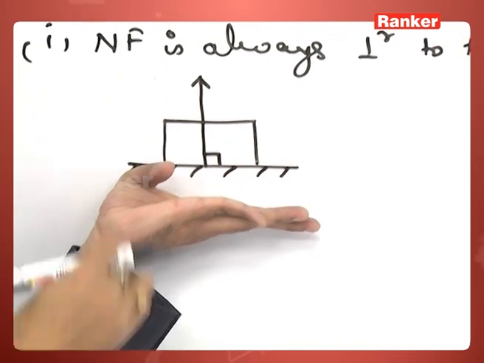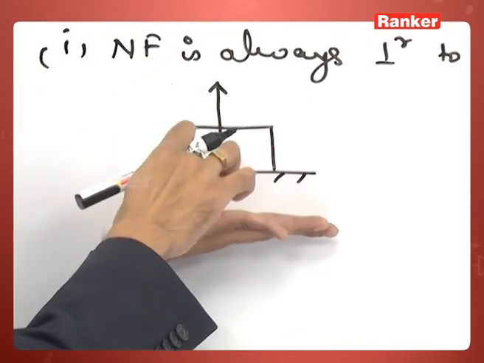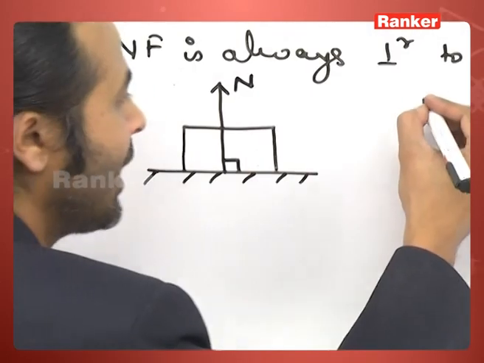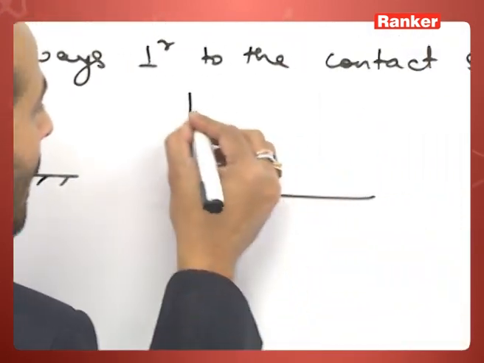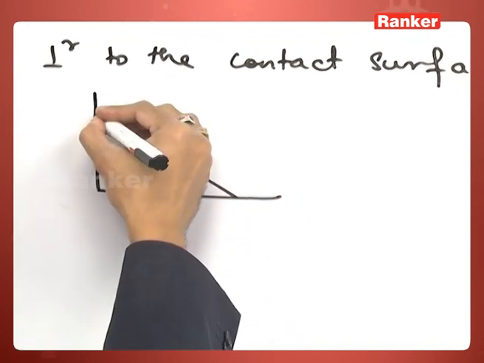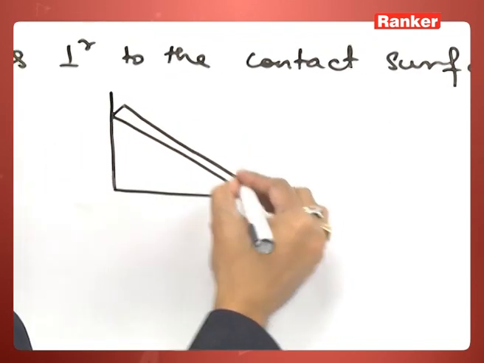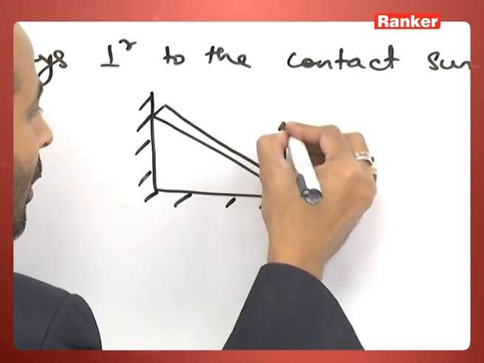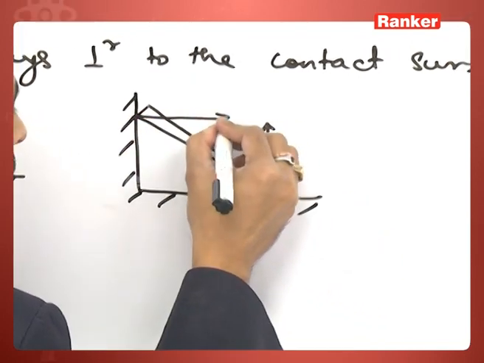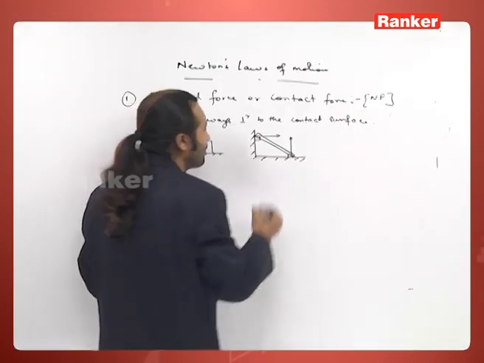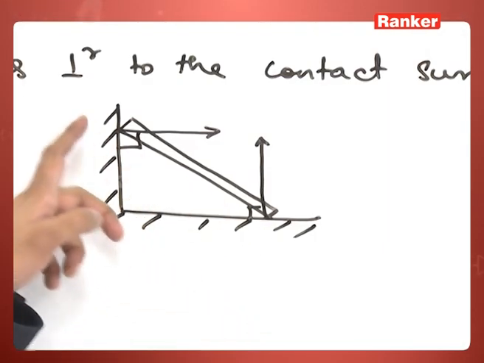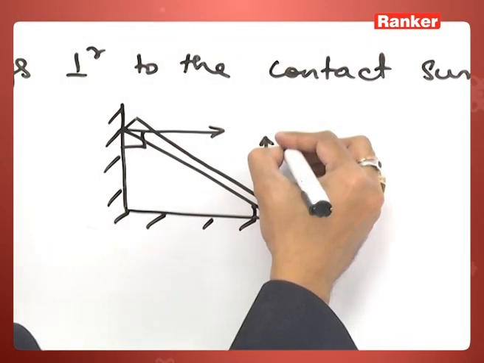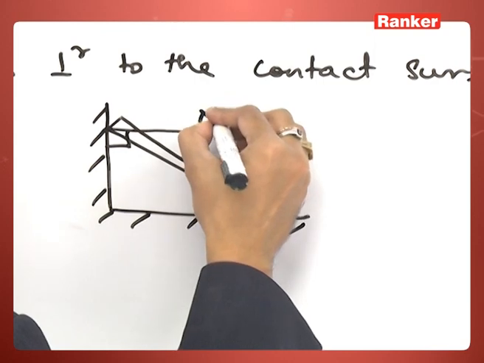This is the surface, normal force will always be perpendicular to the surface. So here I say normal force is N. Or another example: there are two contact surfaces, so two normal forces will be there. Let us say this is N1 and this is N2.